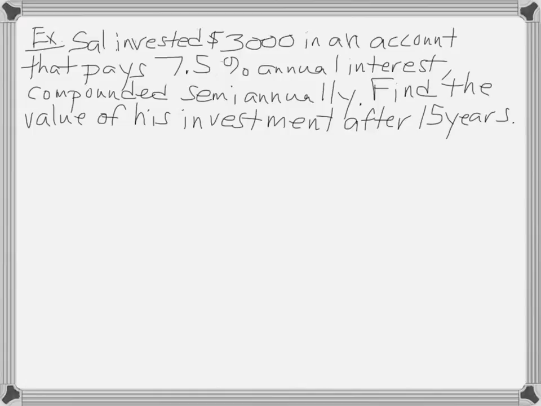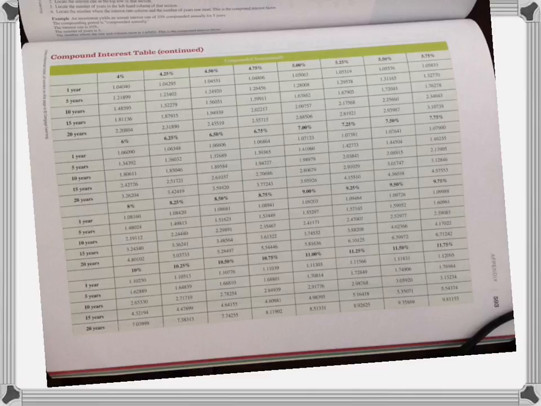So here's our first example. Sal invests $3,000 in an account that pays 7.5% annual interest, compounded semi-annually. Find the value of his investment after 15 years. So you're going to go to the back of the book and you'll see several tables. The one we're interested in for this problem is on page 593.